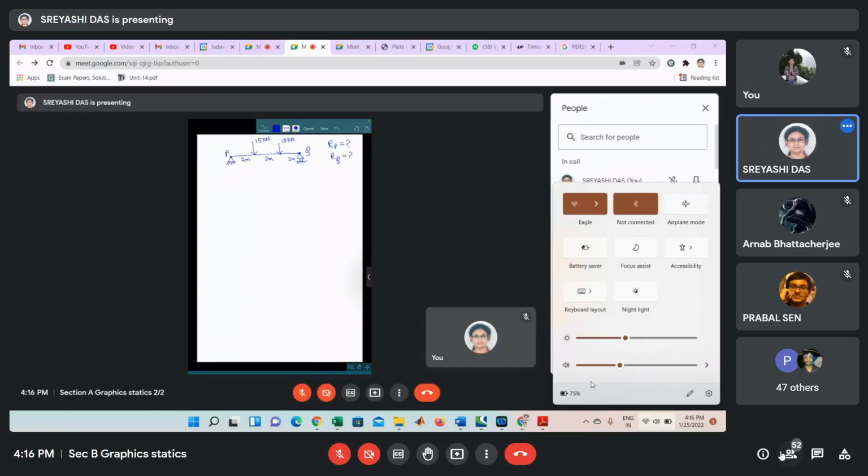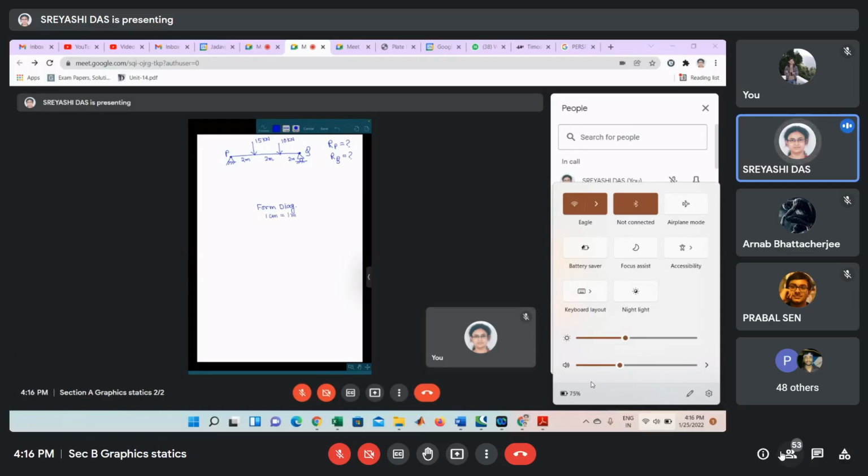So first of all, we have to draw this diagram. The beam, this 2 meter, 2 meter, 2 meter beam, the geometry of the structure, we have to draw in scale. This is the form diagram, and let us take the scale as 1 centimeter is equal to 1 meter.